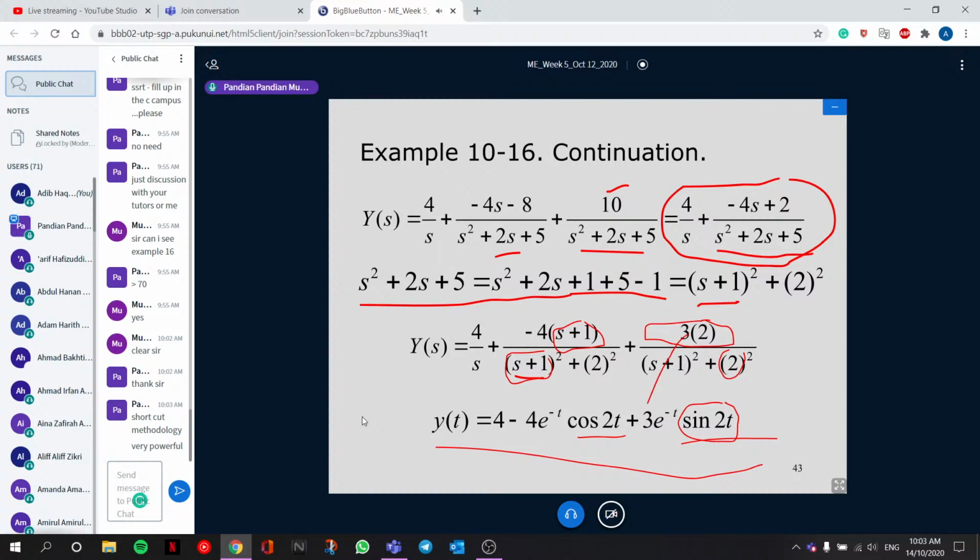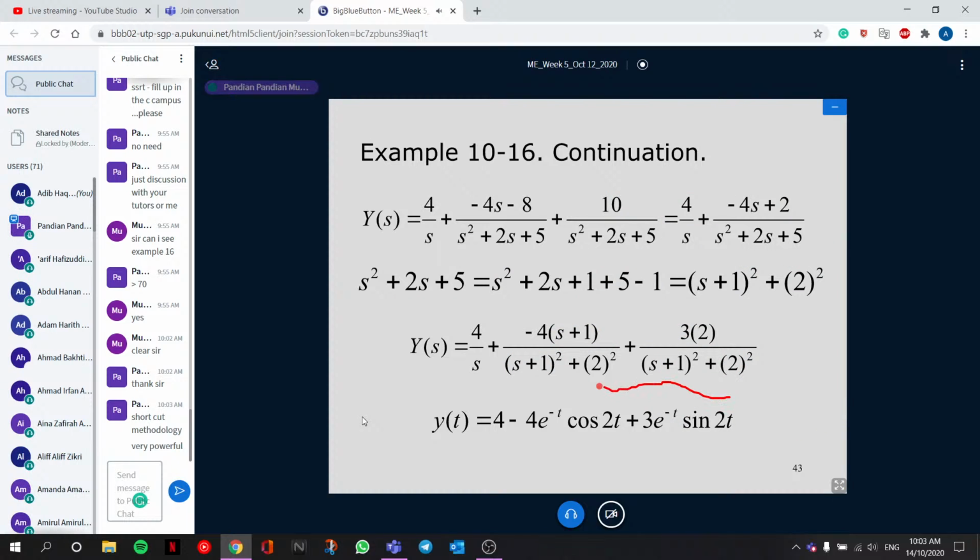They explain all the steps, but sometimes they skip it because you already knew. They are not repeating all the steps, but here they cut short here and there. But most important thing is what? This one. Even if you made mistake in your constant ABC, but if you have cos 2t, sine 2t, and e power minus t, you are okay. Of course, this 4s is special. Inverse Laplace 1 over s is 1.